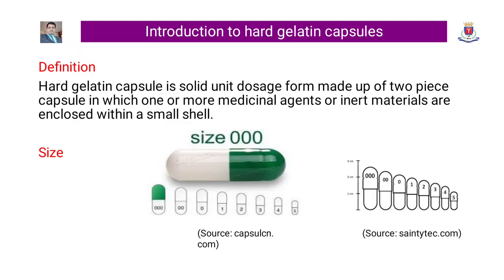In the adjacent figure, again you can see the capsules from size 000 to 5 and the length of that capsule is measured. So lengthwise we can also go for the size of the capsule. You can differentiate very well with the number and the length of a capsule.